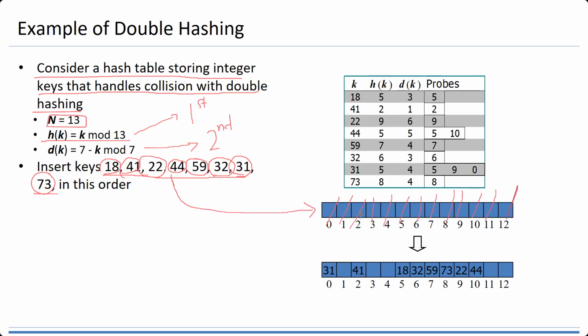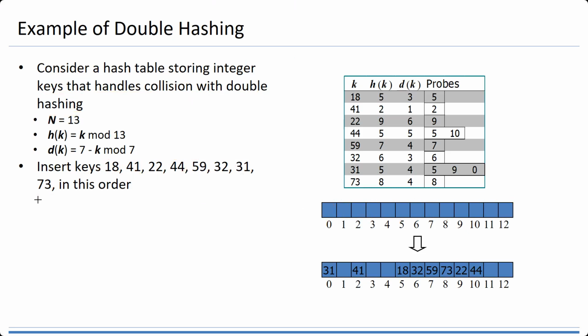We have 13 spaces. k is the key: 18, 41, 22, 44, 59, 32, 31, and 73.